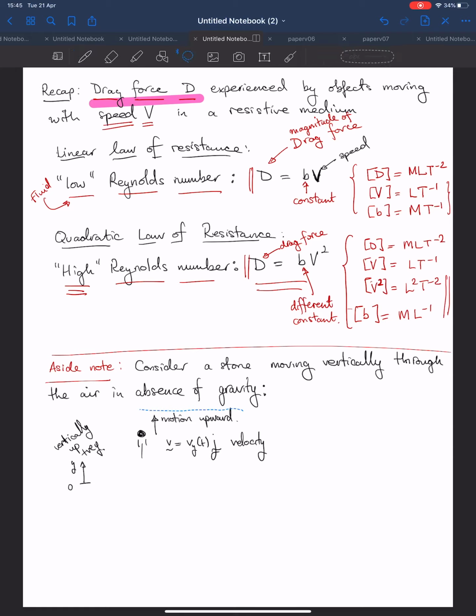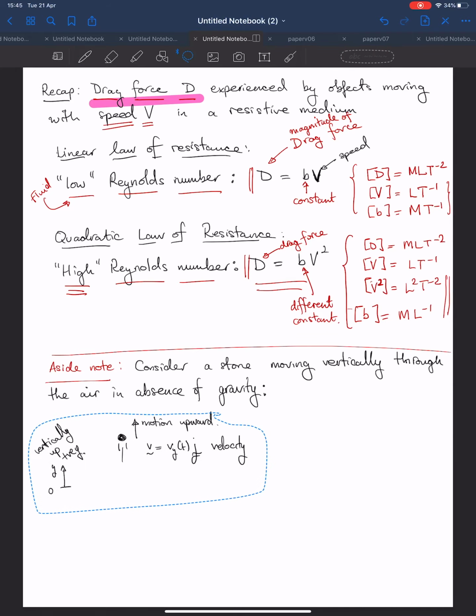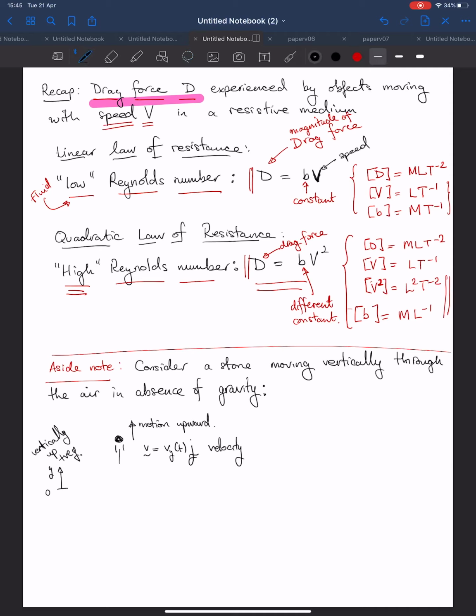And what I can do is I can say, all right, I have the modulus of v, which is the speed, which in this case is the modulus of v_y. And this is a vector on the left.